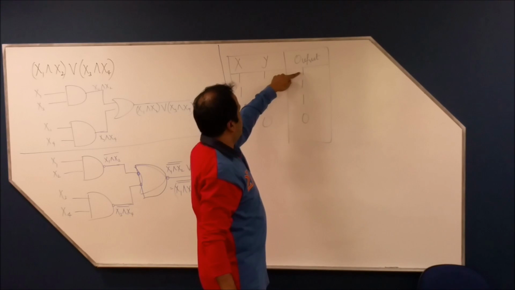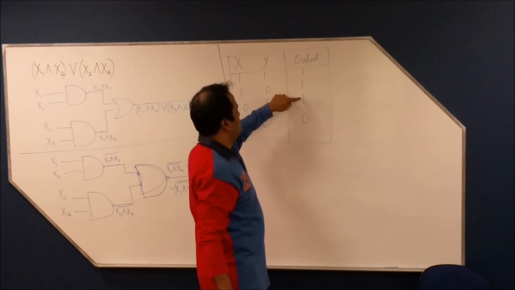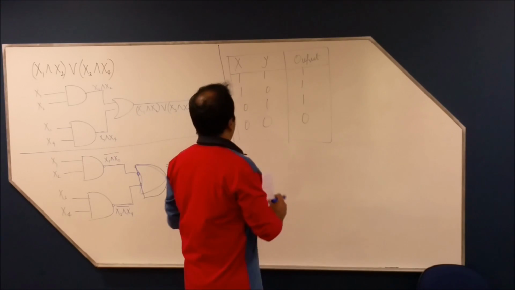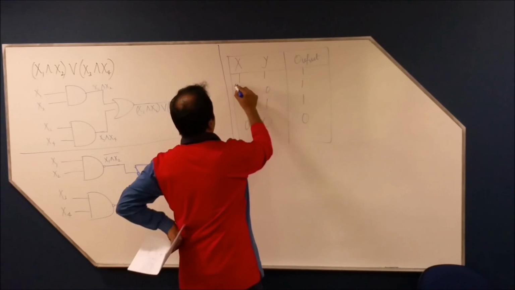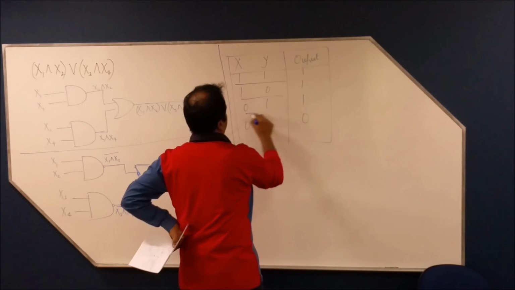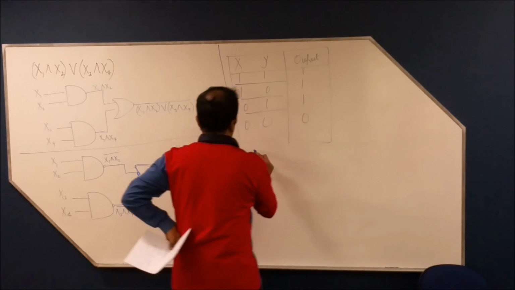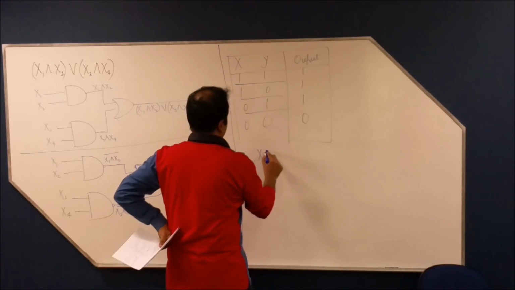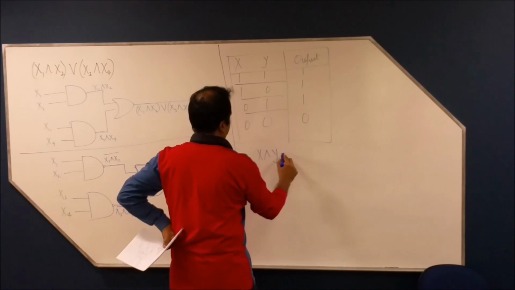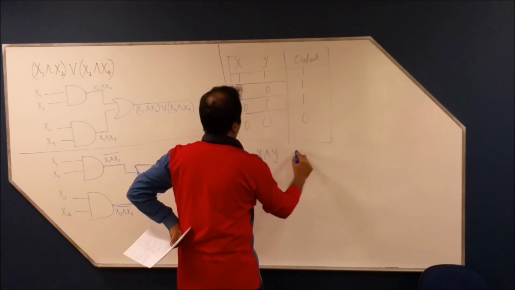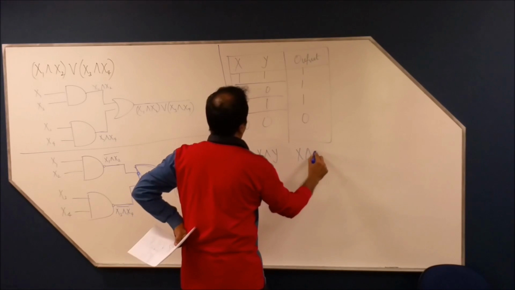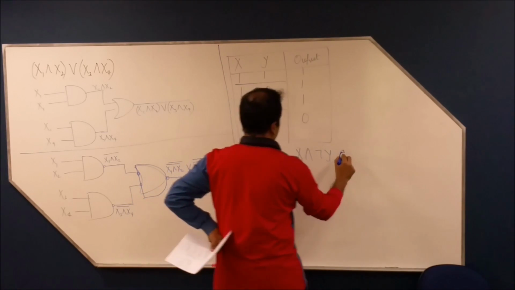I just choose those rows in which the output is equal to 1. Here in this table we have 3 such rows, which is the same as x and y, x and not y, and not x and y.